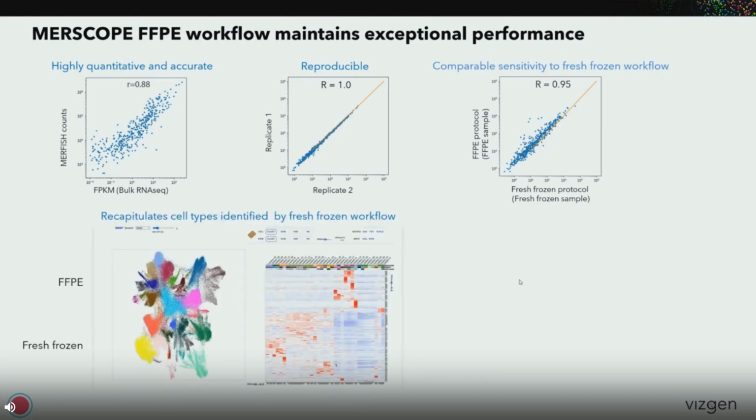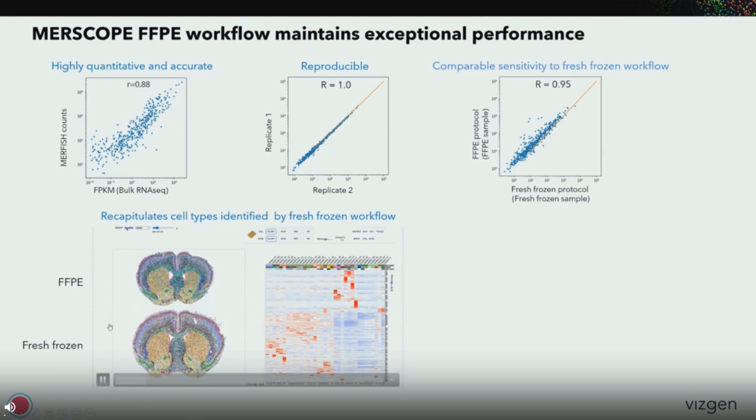Furthermore, MERSCOPE's high spatial resolution allows a true cell atlas, and we are able to really perform cell type identification. Using this, we can now characterize whether we can recapitulate the cell types identified by the fresh frozen workflow in FFPE samples or not. So I'm going to play a short video here. Showing here is the UMAP identified by this panel of 483 genes.